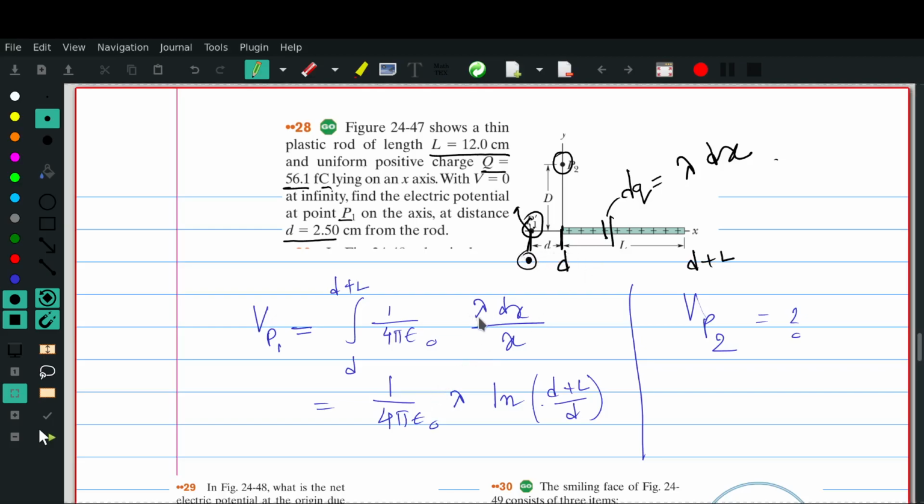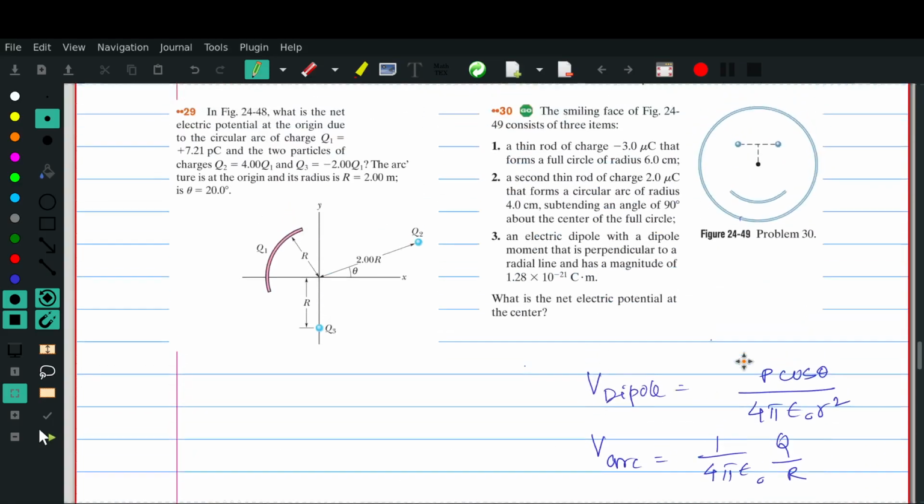So I have plugged in lambda dx by x, and this is a simple integration that gives you the log. You put in the proper limits and you get something like this. Similarly, you can calculate for P2 like I have shown you in the last two examples. You calculate the proper distance r from here, integrate from this point to this point, and plug in the values. You try to do that.